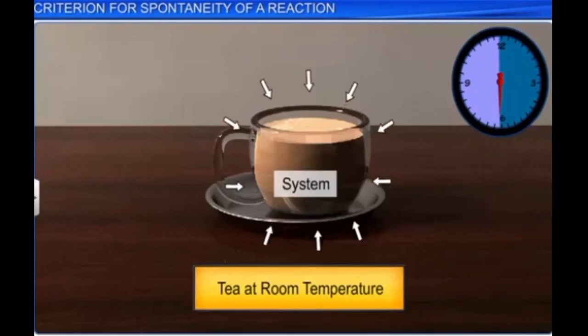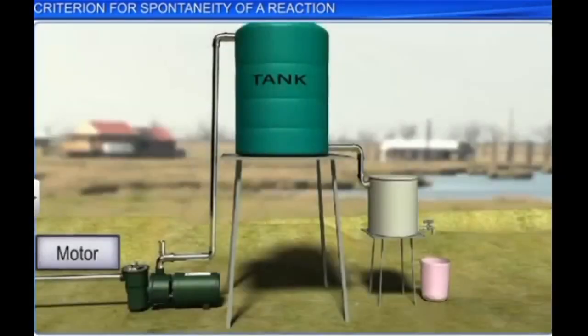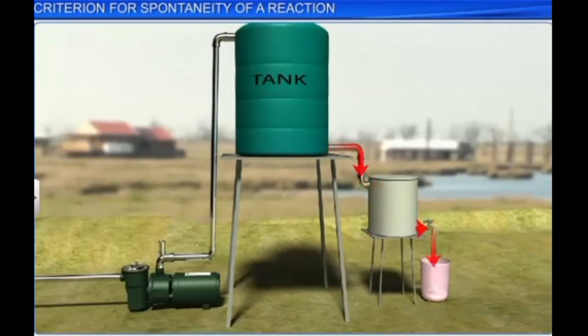Will the heat from the surrounding heat the cup? No, that is not possible. Similarly, water flows naturally from higher level to lower level, while we have to use a motor to transfer water from lower level to higher level.